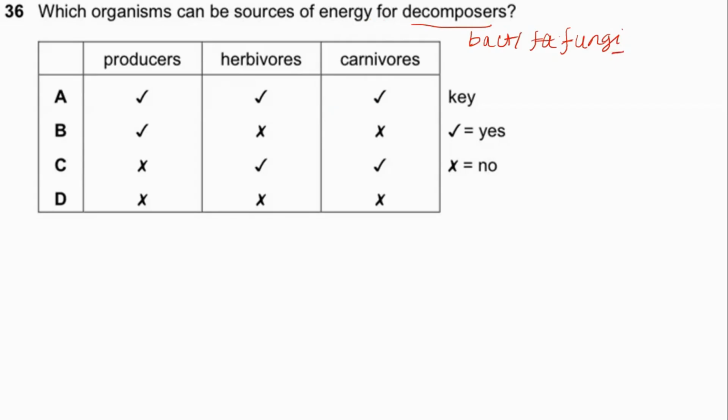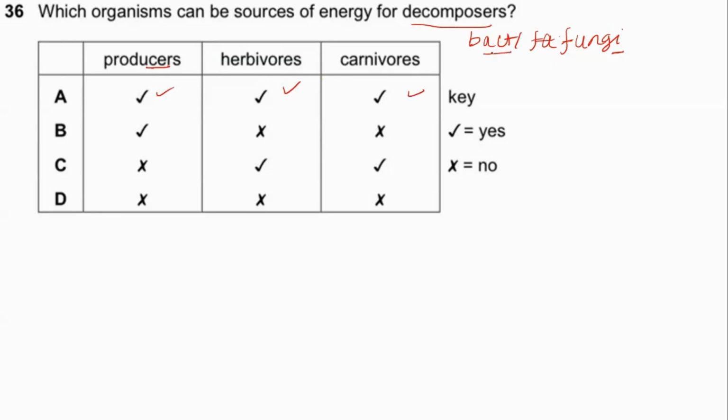So which organisms can be sources for decomposers? Of course, producer bodies, that is plants. A plant dies and then it can be converted into organic matter or soil by the fungi or bacteria. So this is also correct. Herbivores also die and the dead bodies are finally decomposed by fungi and bacteria, even carnivores.